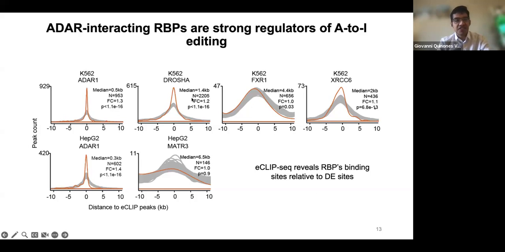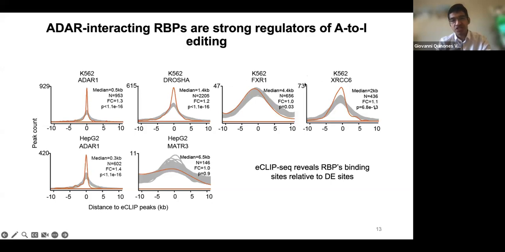Other ADAR interacting RBPs like FXR1 and MADAR3 don't have a significantly closer binding pattern. So for these RBPs, we cannot say they have a local type of mechanism, and they may affect RNA editing in a more indirect way.